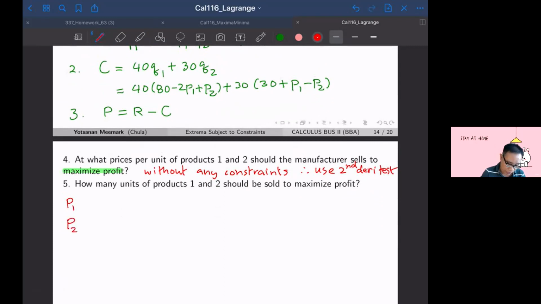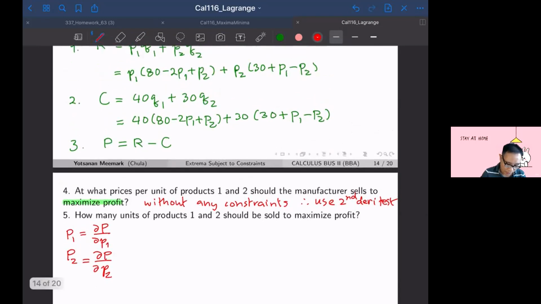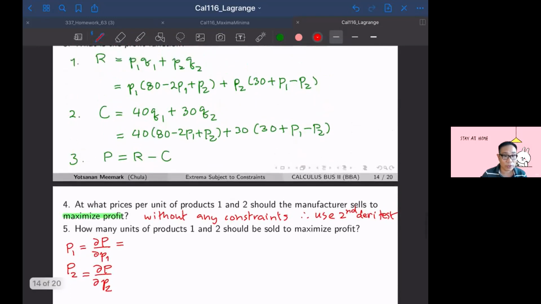So the derivative with respect to P1, the derivative with respect to P2, it's kind of difficult to write this down.